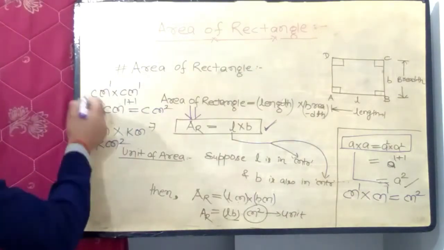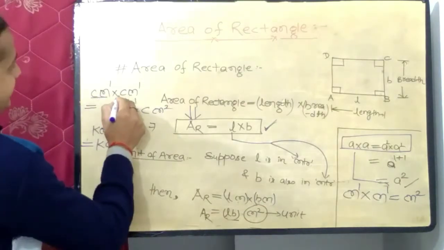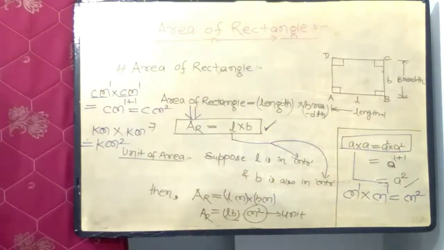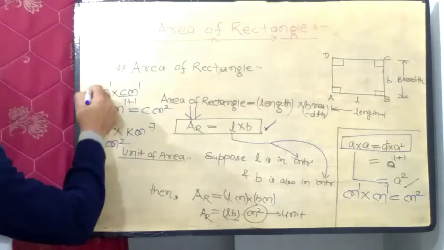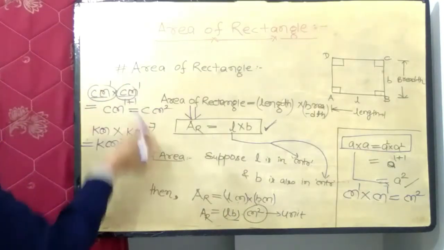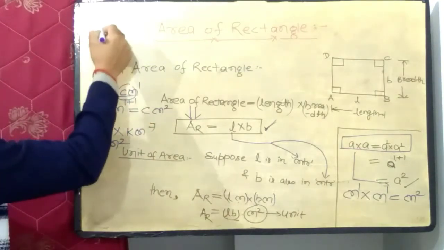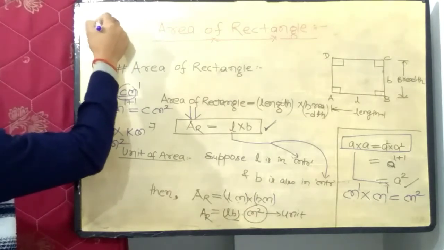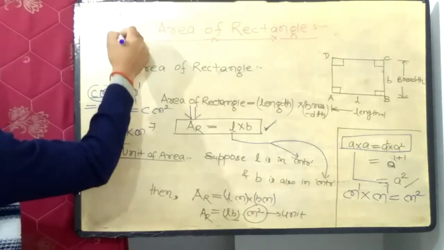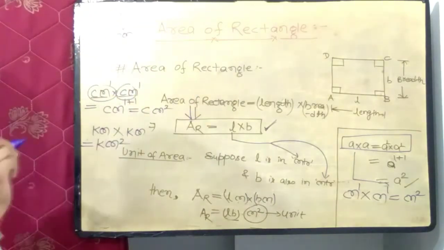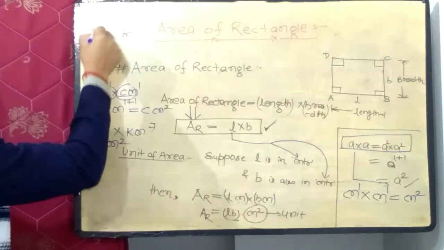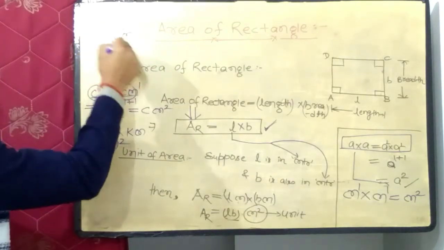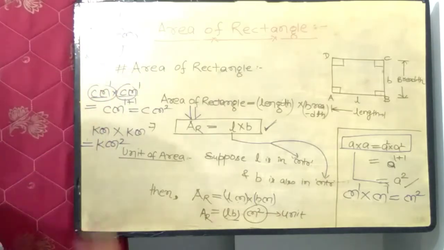So if length and breadth are both in the same unit, there is no need to convert the unit. But if length is given in meter and breadth is given in centimeter, then you have to convert either meter into centimeter or centimeter into meter.